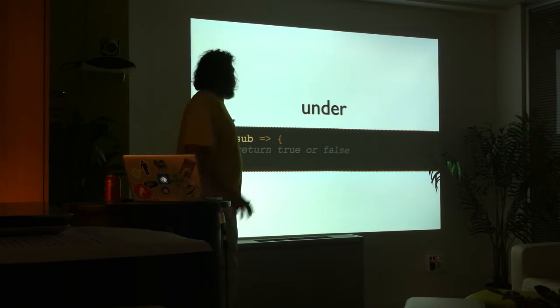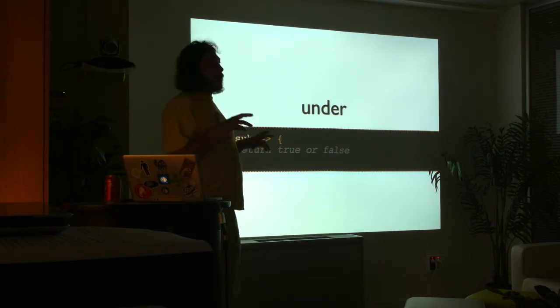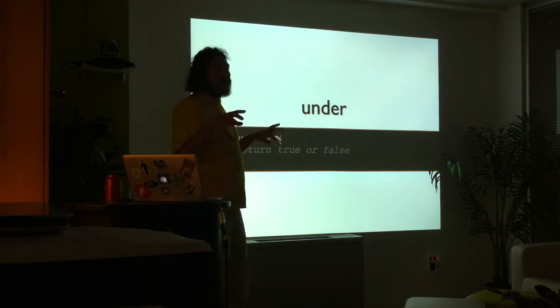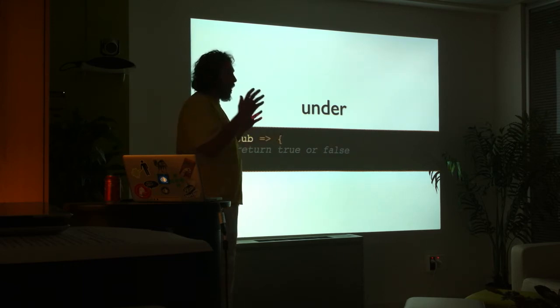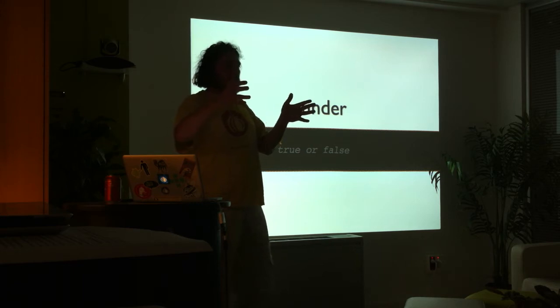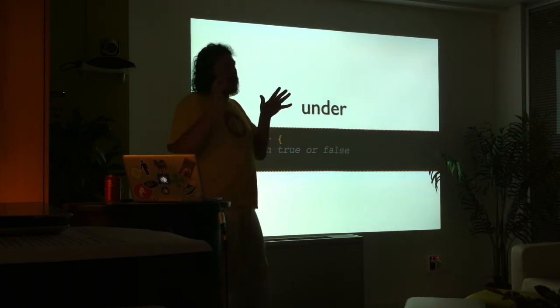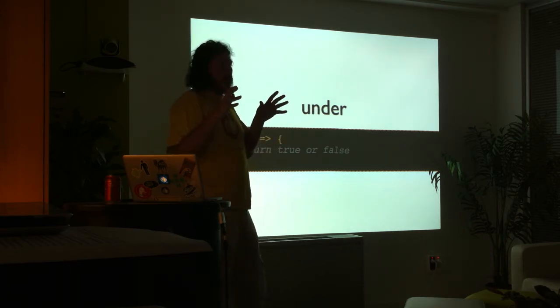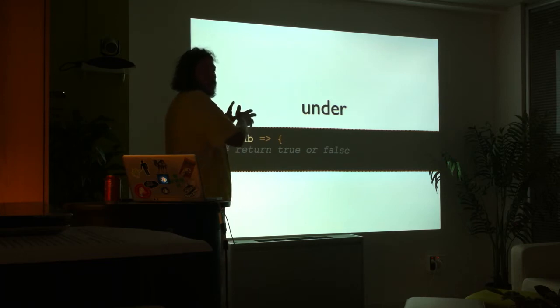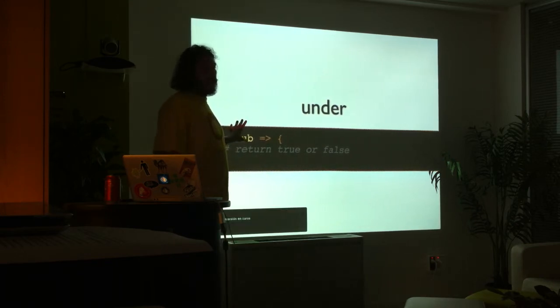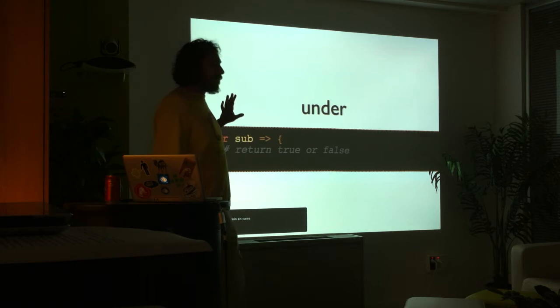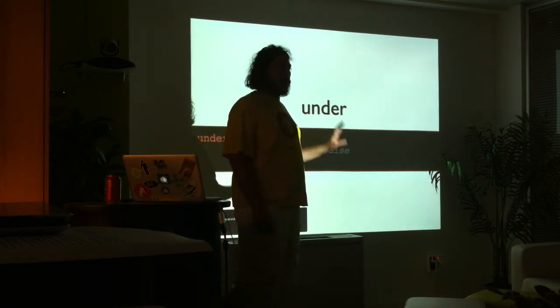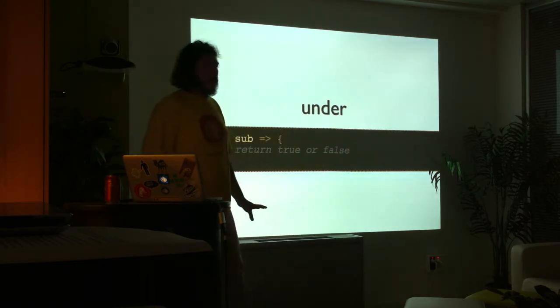Under is for defining some kind of bridges. So when you define it in a Lite application, you say under with this anonymous function, it means that all methods you define after this will run this code before. And if this code returns a false value, it will stop the request.